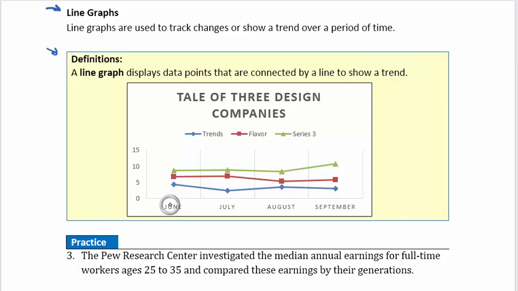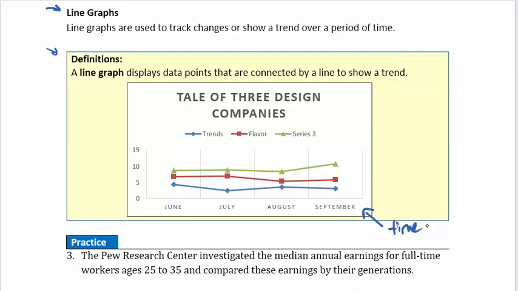And so here are my data points. In June, this one was just under 5, and it drops down here and then goes up. So I have 4 data points here. And then what we do to make our line graph is we connect those points with a line. And usually, almost always, line graphs are based on time, because we usually look at line graphs to show a trend over time.